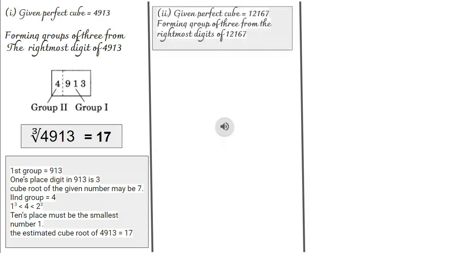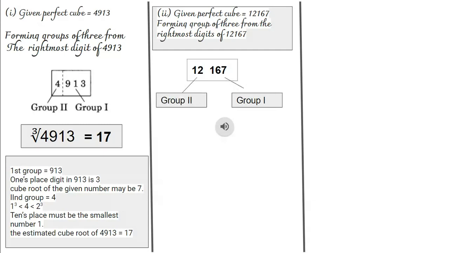The next perfect cube is 12,167. Here also make the groups: first group 167 and second group 12. Same vice versa: if it is 3 then the cube root will come 7, and if it is 7 then the cube root will come 3. The first group is 167 and the unit place is 7, so the cube root may be 3.